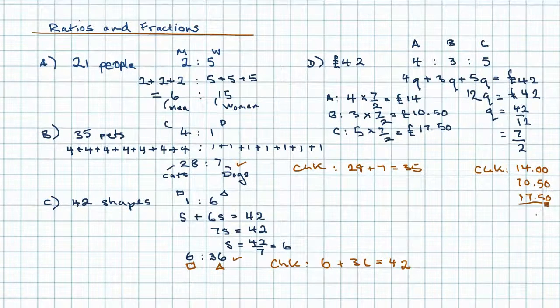So we've got 50p plus 50p gives us £1. 4 add 7 add 1 is 12. You can add up just to check. 7 add 4 is 11 and 1 is 12. Add 1, add 1, add 1, add another 1 gives us 4, gives us our £42. So this and this must be correct.